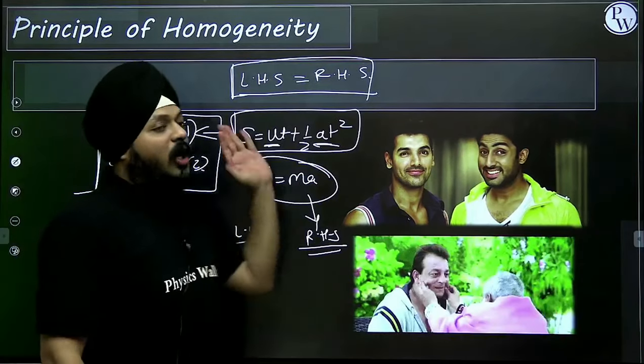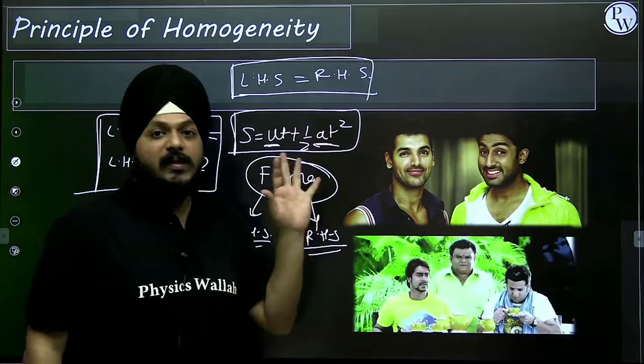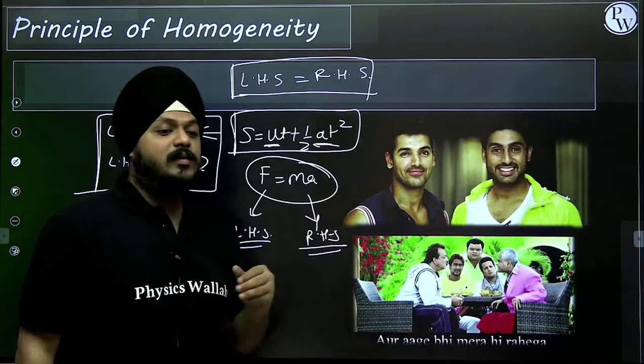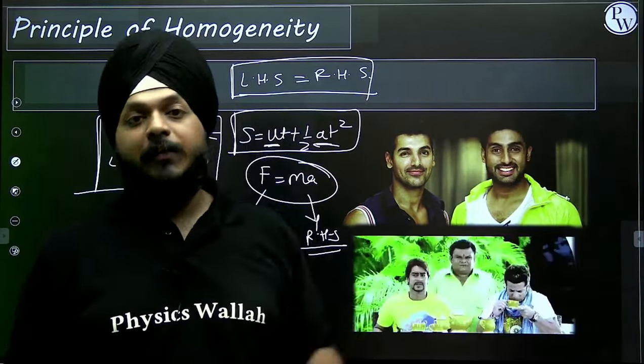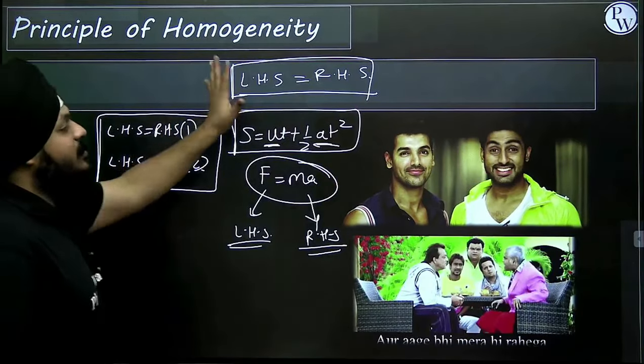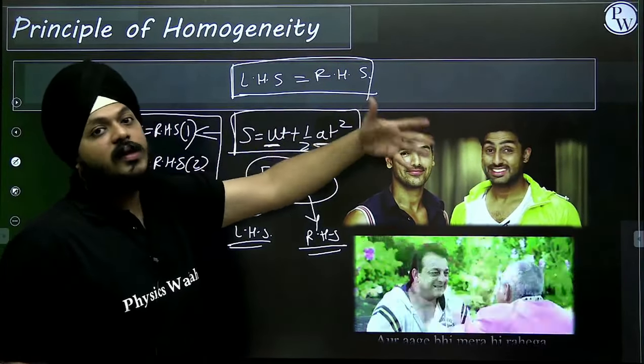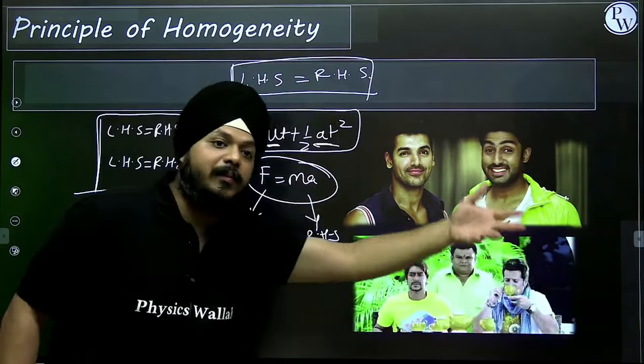Dimensional analysis also has some limitations, but we are not moving into the deepest part right now. LHS, RHS, this is the principle of homogeneity: dimensions on the left side are equivalent to dimensions on the right side.